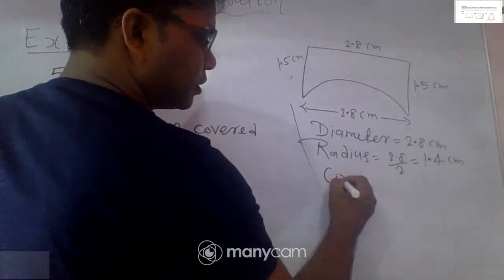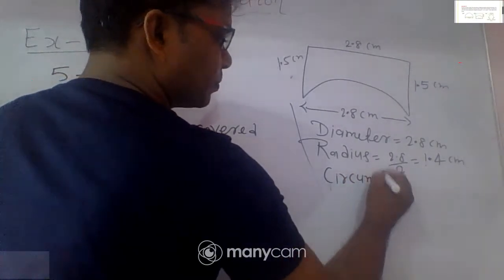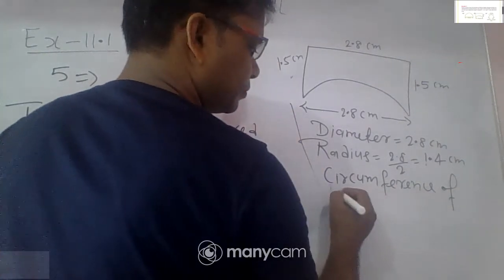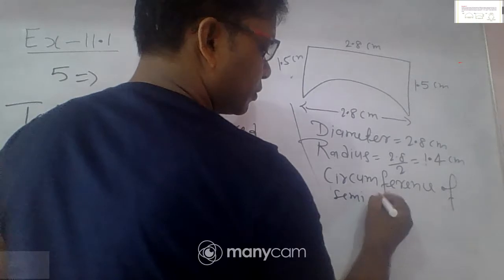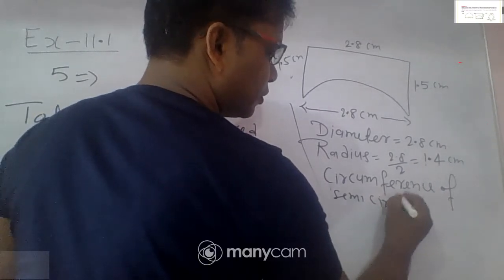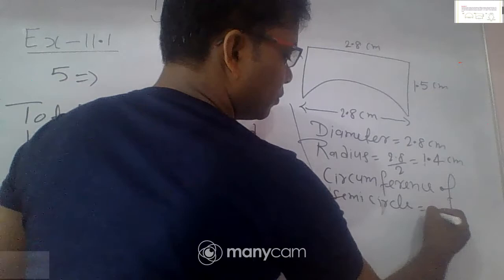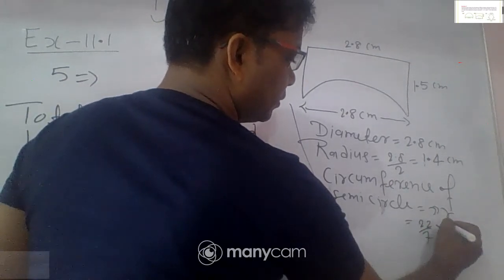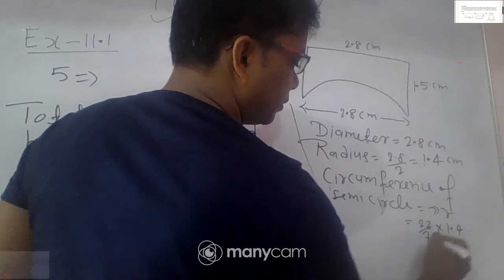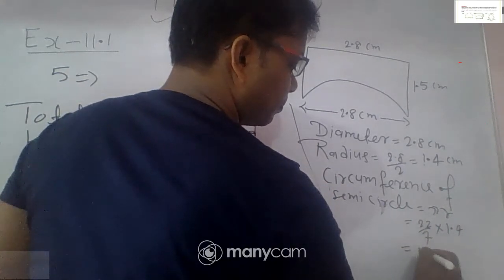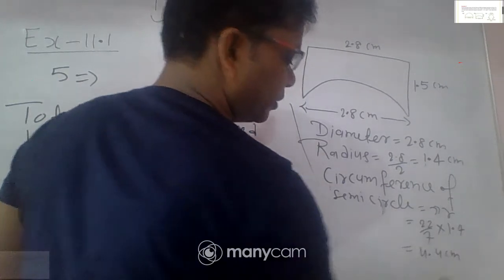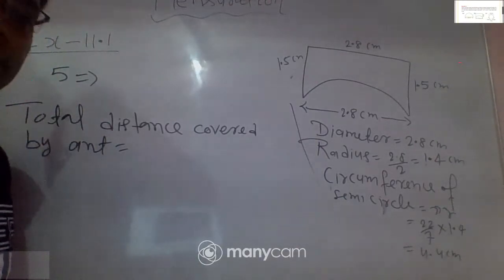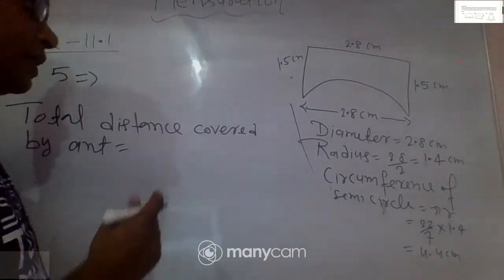The perimeter or circumference of a semicircle is pi r. Here 22 by 7 into r, 1.4, this is equal to 4.4 centimeters. Clear?